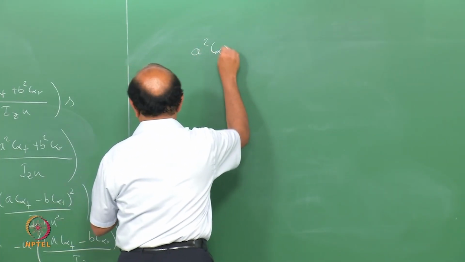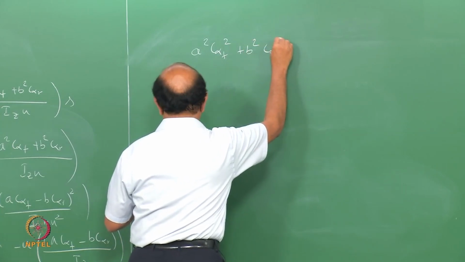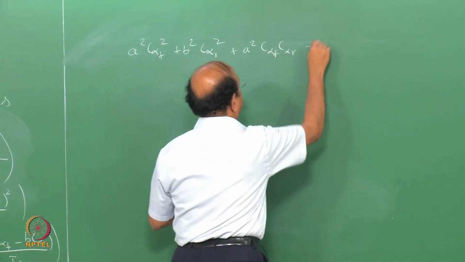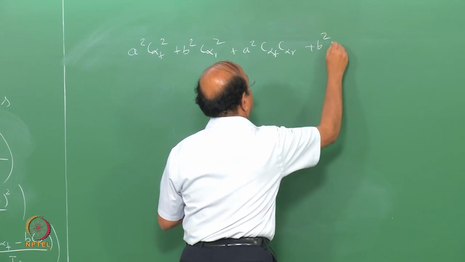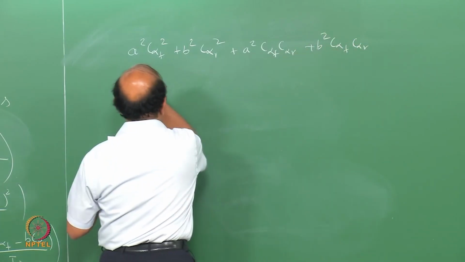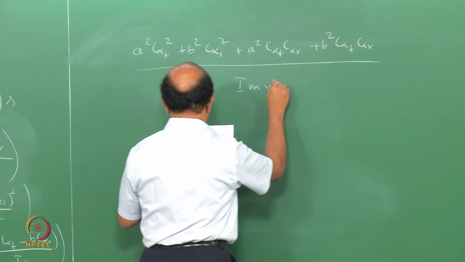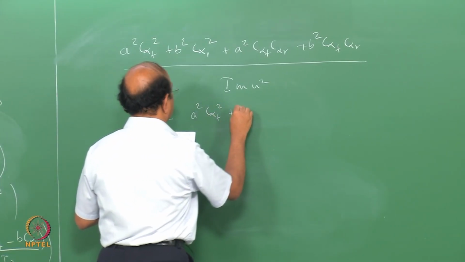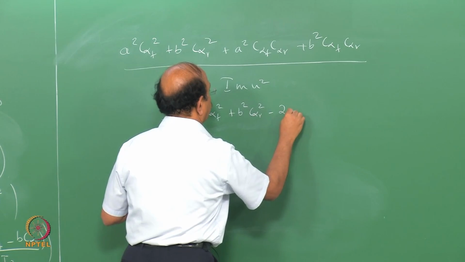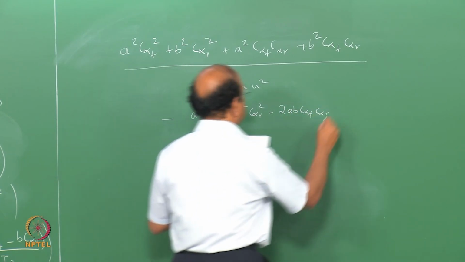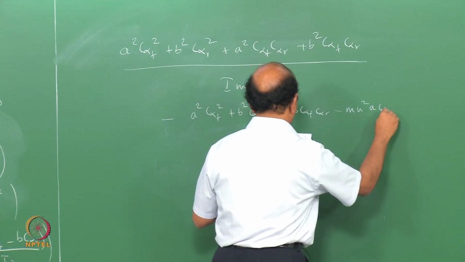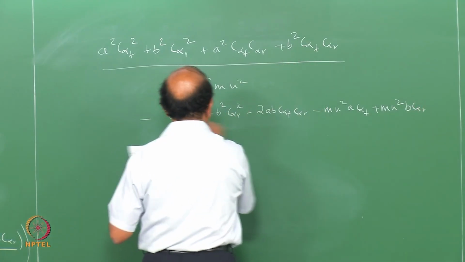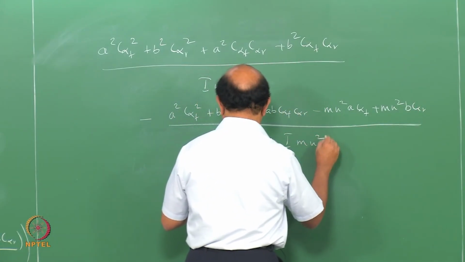So (a squared C alpha f squared plus b squared C alpha f C alpha r) divided by Iz m u squared, minus (a squared C alpha f squared plus b squared C alpha r squared minus 2ab C alpha f C alpha r) minus m u squared a C alpha f plus m u squared b C alpha r, whole thing divided by Iz m u squared.